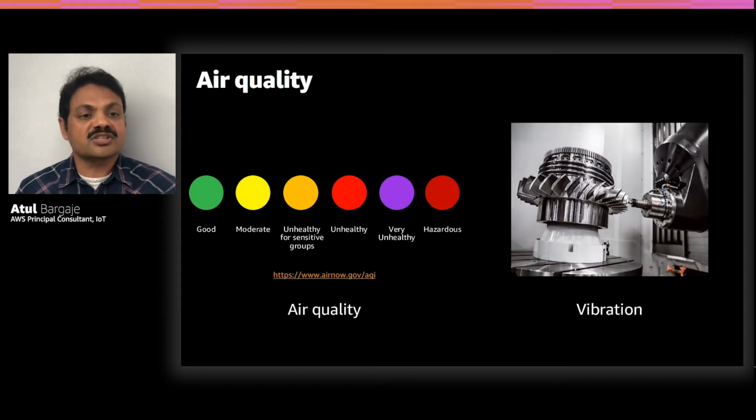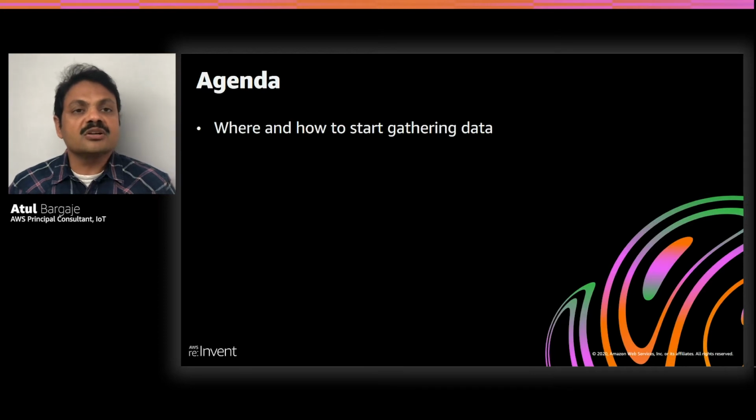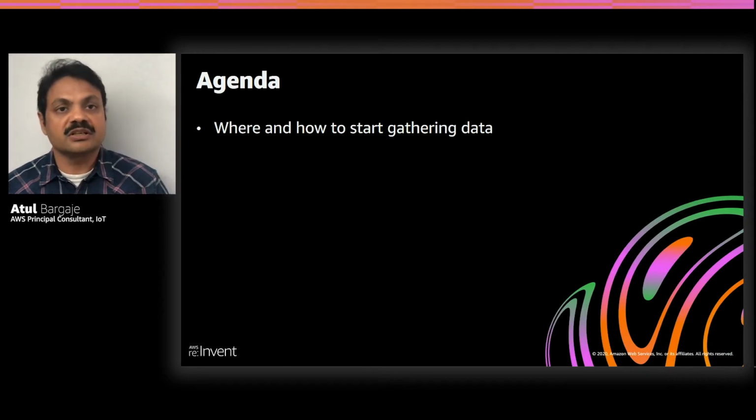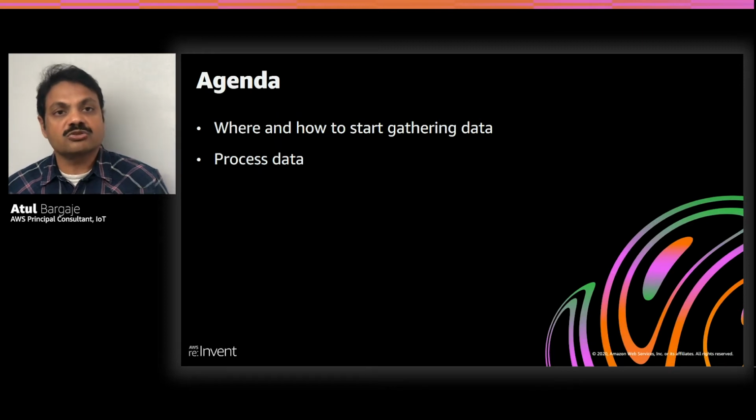So let's get started. Here's the agenda for today. We'll start off by talking about where and how to start gathering the data that you will need in order to predict the anomalies. We will then talk about how we process the data which we captured in order to make it suitable for predicting anomalies.